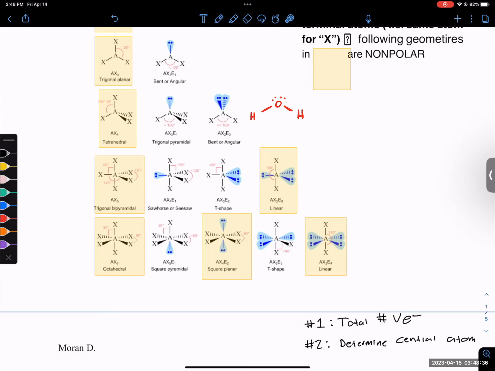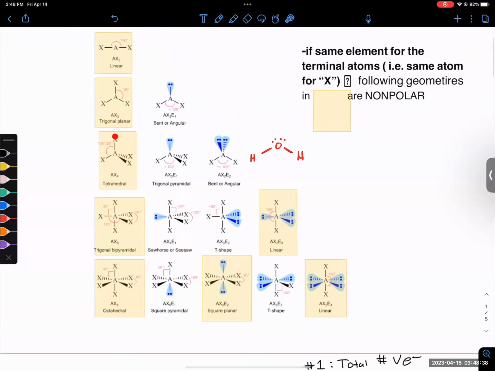I felt it was easiest to first learn each of these. And then you learn, okay, well, if I add a lone pair, what happens? If I add 2 lone pairs, what happens? So I'm learning the general structure when there's no lone pairs, and then the structure immediately after you exchange one of the atoms for a lone pair.